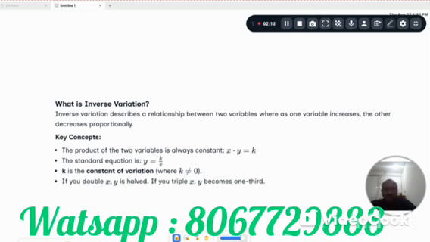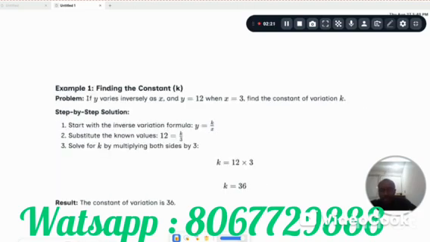Let's take an example to make it straightforward. We are breaking this down into finding the constant, describing the relationship by writing an equation, and then finding the unknown.